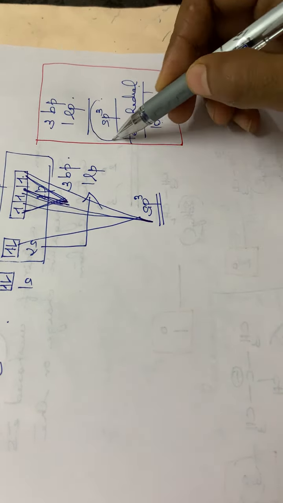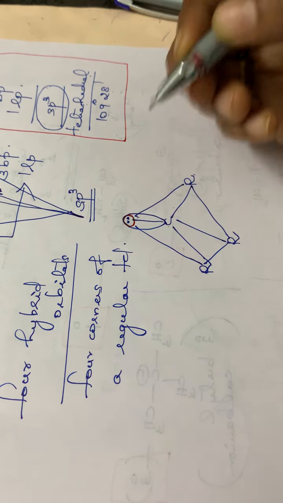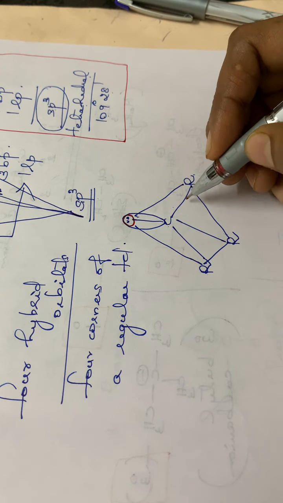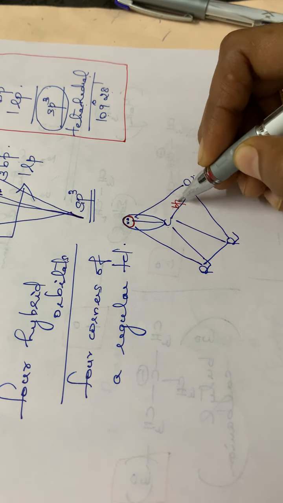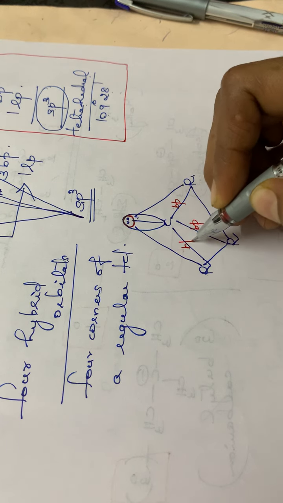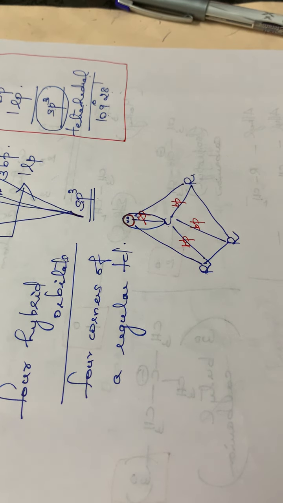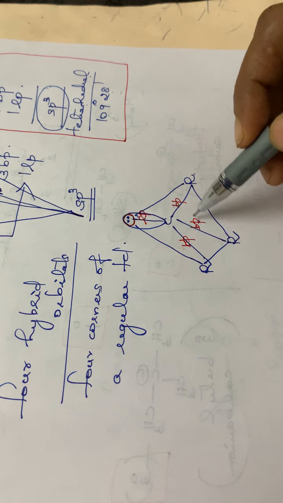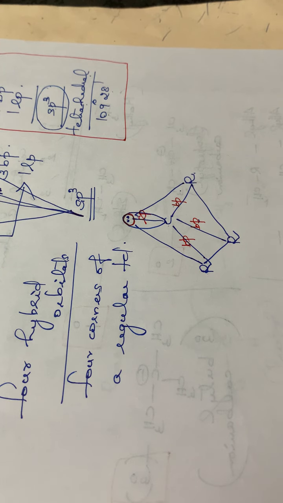So these are the 3 bond pairs and 1 lone pair, and this lone pair will exist in the 4th hybrid orbital lobe. This is the 4th hybrid orbital having the lone pair of electrons. These are the bond pairs: one bond pair, the second bond pair, and the third bond pair, and this is the lone pair of electrons. So in total 4 hybrid orbitals.